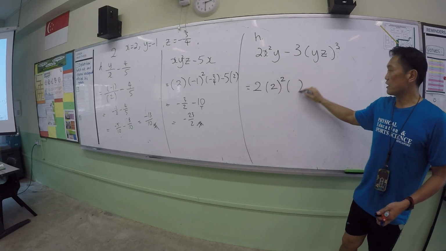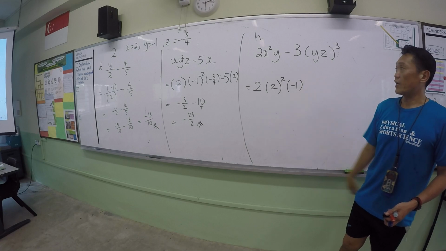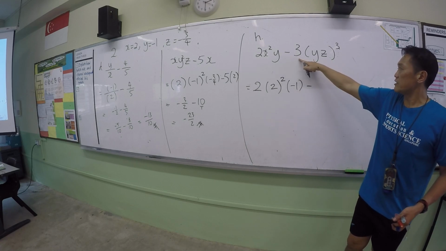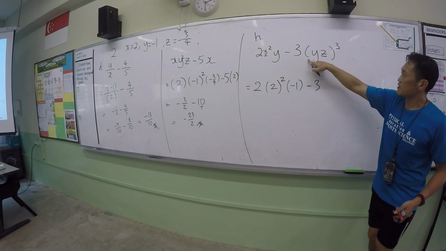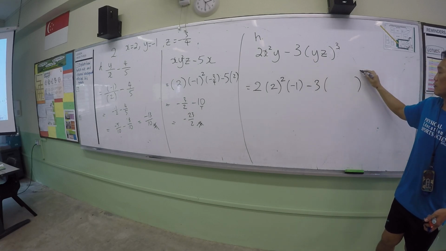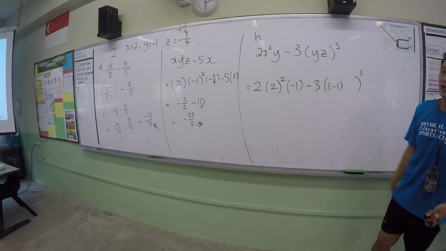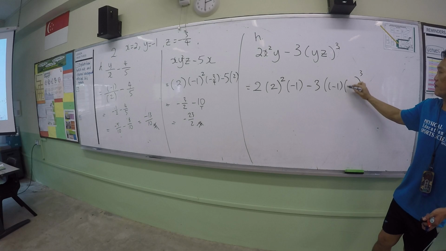y substituting with a bracket. Minus, no change. We are not substituting the minus, not substituting the 3, not substituting the bracket. We are substituting y, so y replaced with bracket. z replaced with bracket.